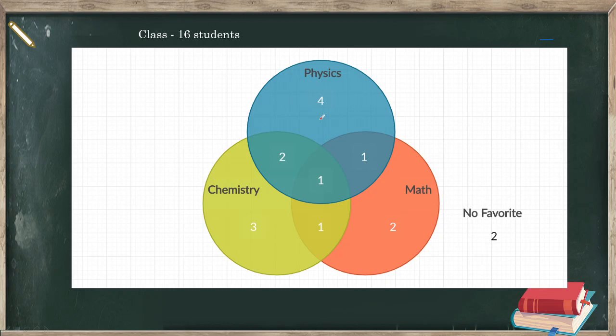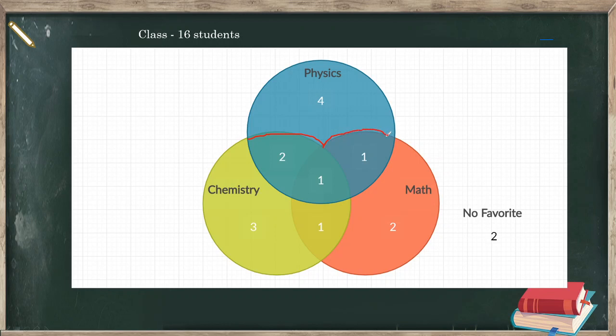So which is the set of people who study only physics? People who study physics, these people study chemistry also, so I cannot include them. Let me put them out. These people study everything, I can't put them in. These people study math also, I cannot put them in.